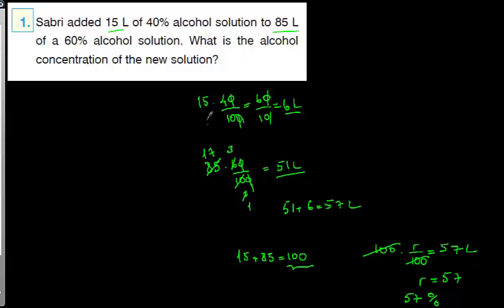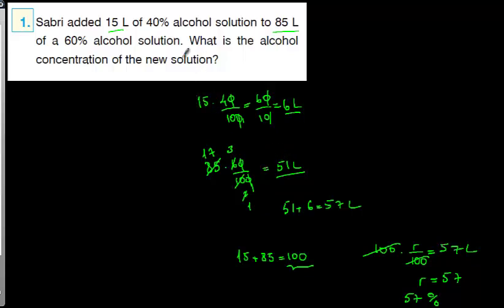Again, I'm telling you, you have 15 liters of alcohol solution and 85 liters of alcohol solution. Inside the 15 liters you have 6 liters of alcohol. In 85 liters of alcohol solution you have 51 liters of alcohol, isn't it?